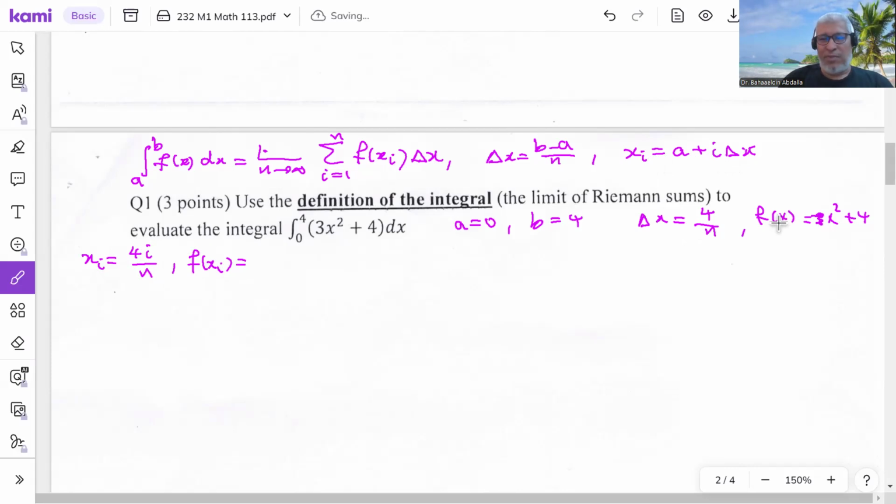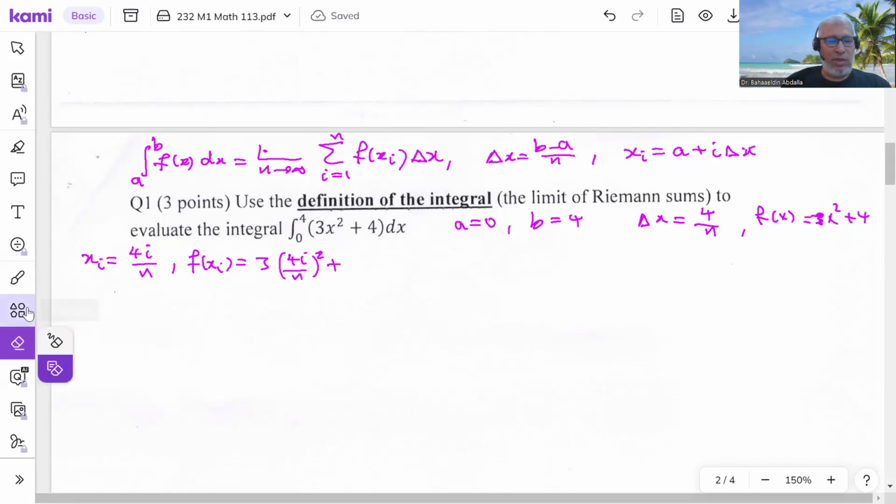I replace x by xi, so it would be 3 xi squared plus 4. But xi is 4i over n, so 3 times (4i over n) squared plus 4. This is f of xi.